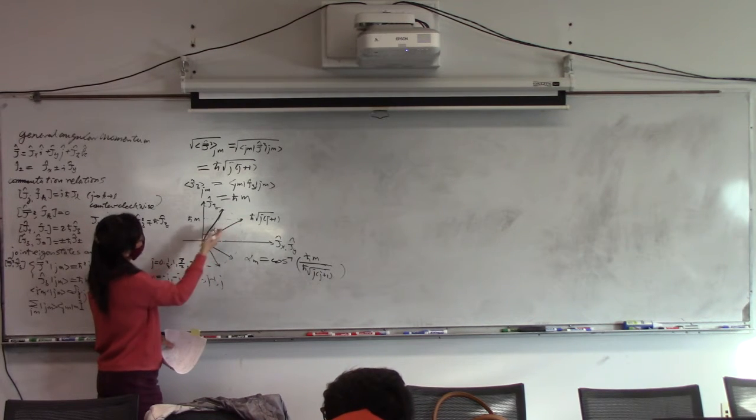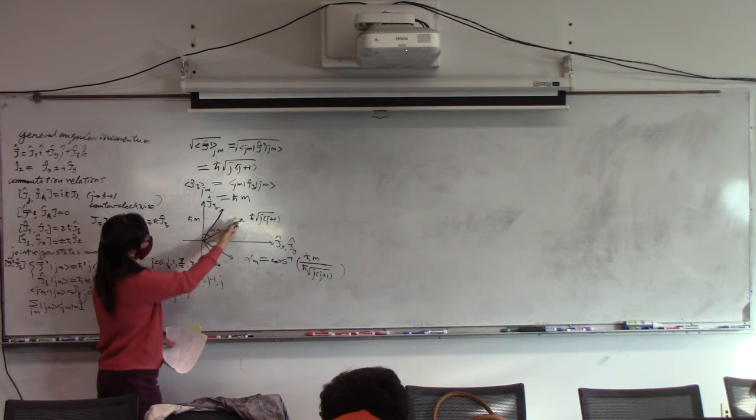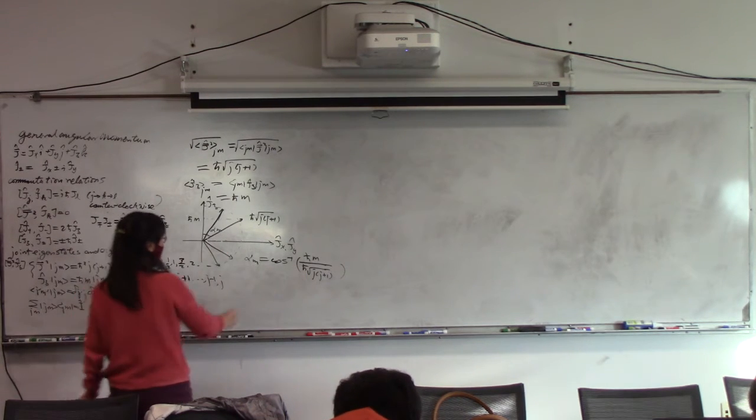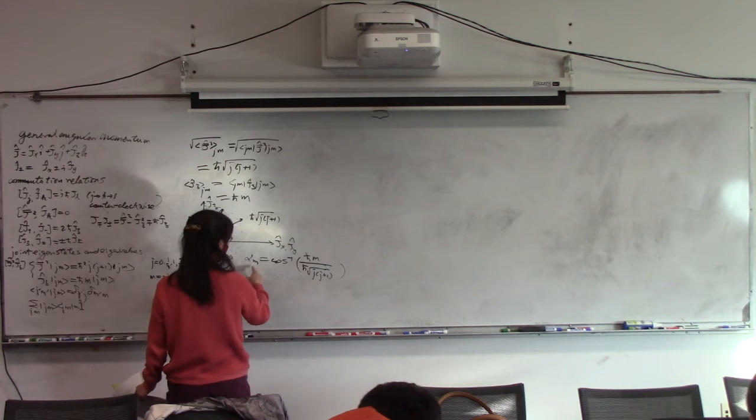So this is the hypotenuse, and this is the projection, so the angle between z and this vector is alpha m, and it is this ratio. You can see this ratio is quantized depending on m.